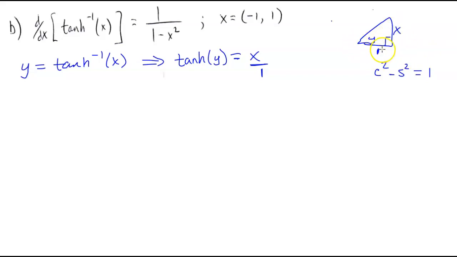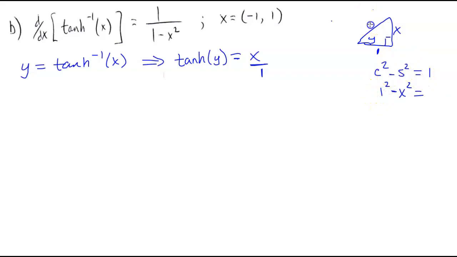With this relationship, we can figure out what this hypotenuse would be. The difference here is that now x is in the place of where s is, so that would be this. C is in the place of 1, so we would say this.